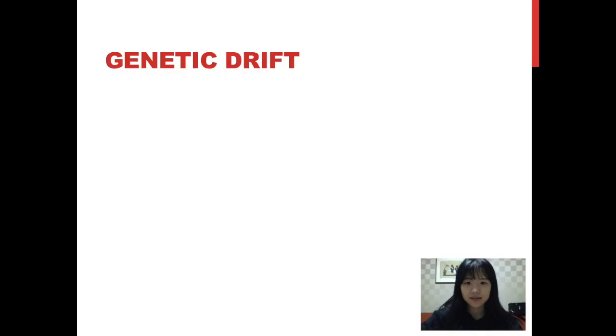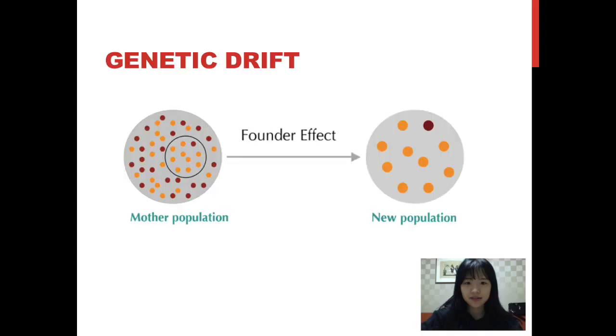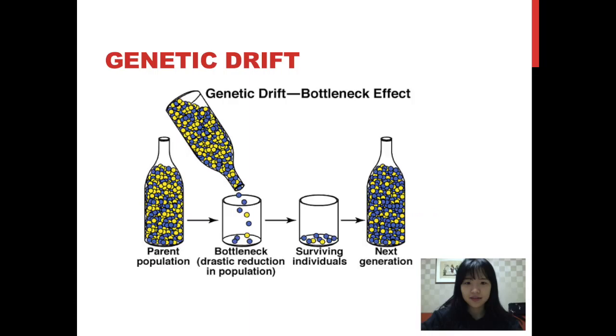So there are two effects in genetic drift. The first one is the founder effect. It occurs when a few members of a population migrate to form a separate new population. The next effect is called the bottleneck effect. This occurs when a population size severely decreases and allele frequencies of a population dramatically change.